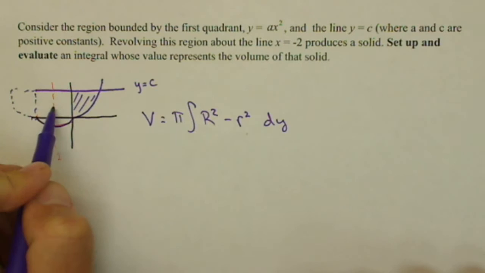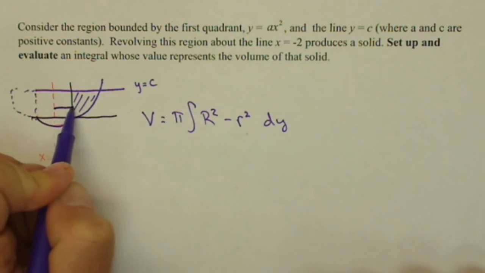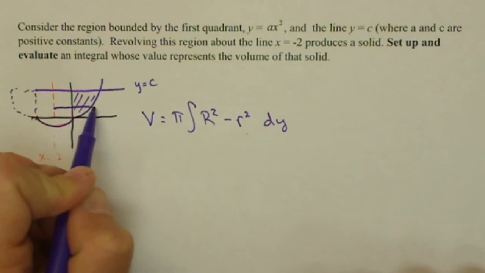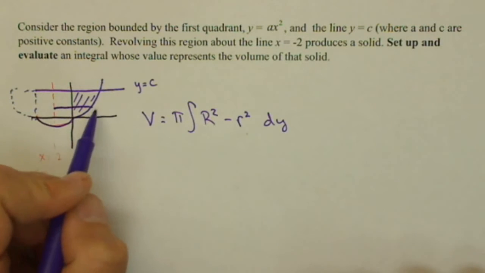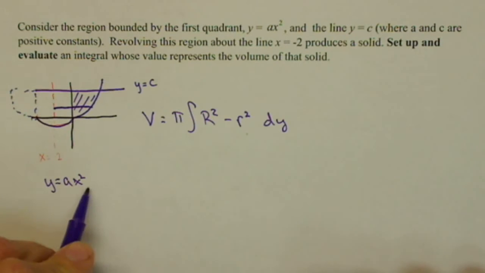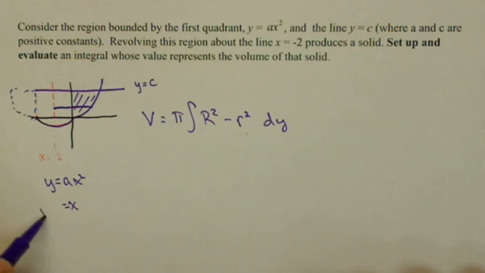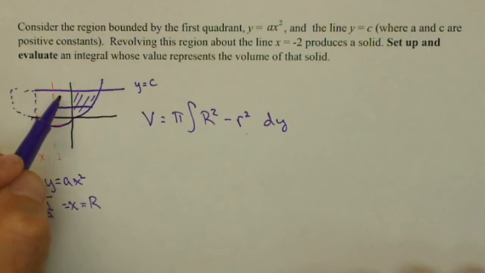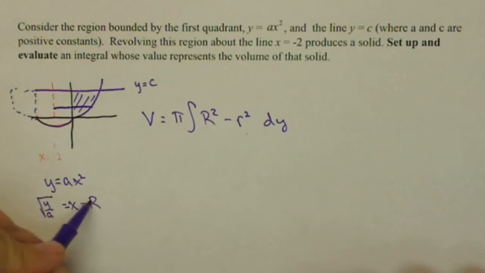Now our big radius is going to go from the axis of rotation out to our curve. And so that needs to be our curve, which as of right now is y equals ax squared, but we need it solved for x. So it's x equals square root of y over a. That's our big R. Or not quite our big R, excuse me.